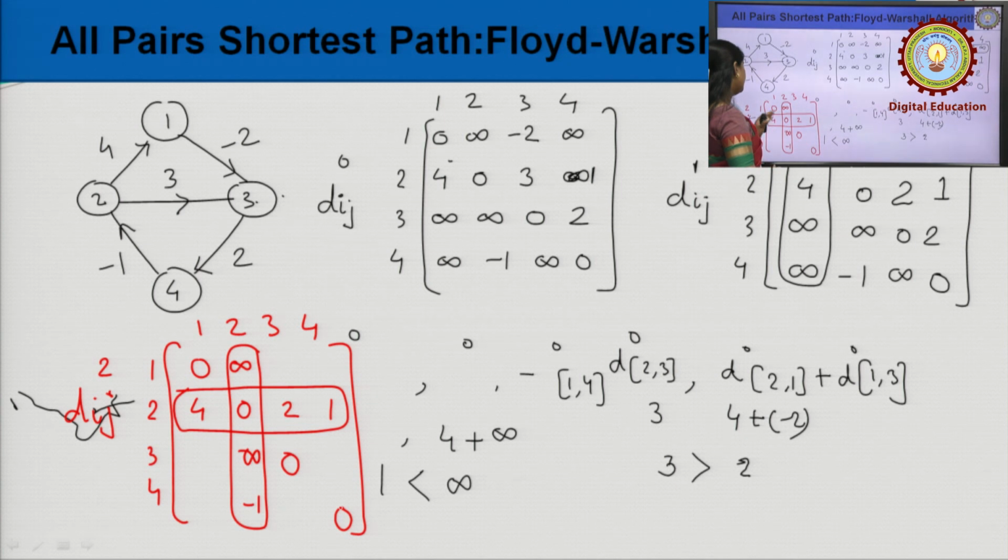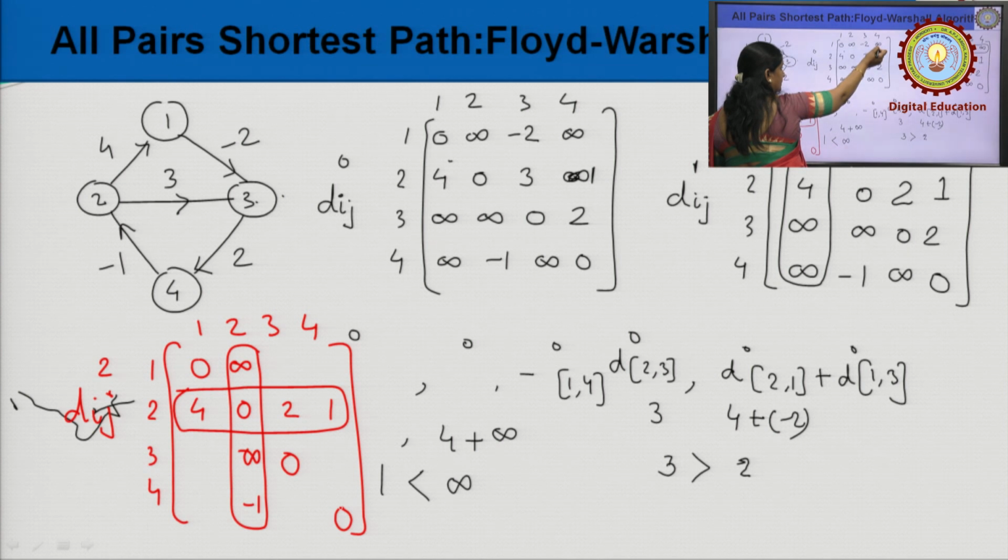Now calculate the value of 1, 4. The value of 1, 4 via vertex 2 is infinity plus infinity, infinity. 1 3, what is the value of 1 3? That is minus 2 or infinity, that is minus 2.